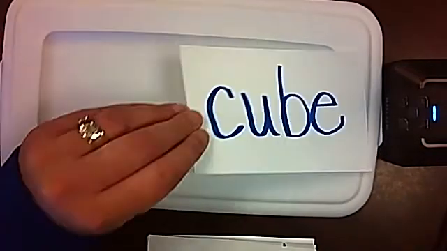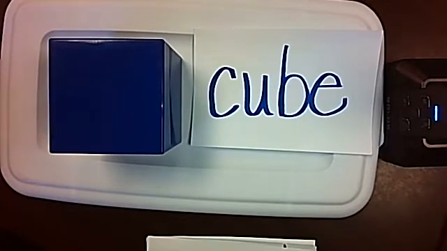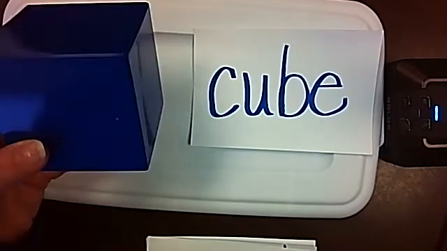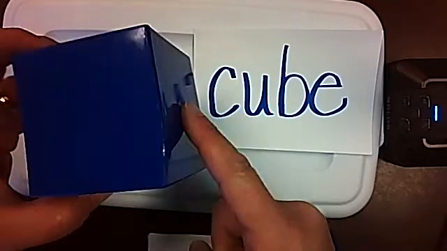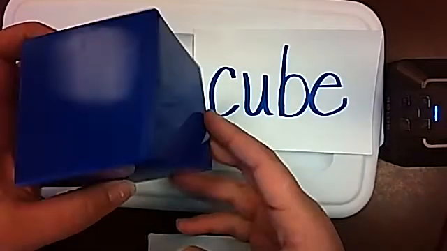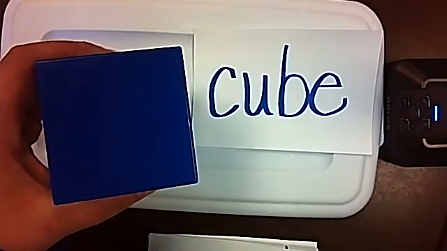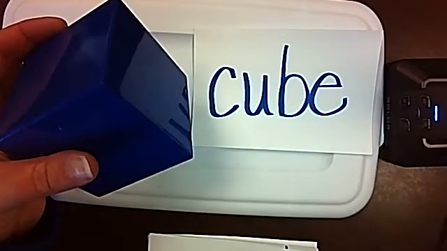Okay, the first one that we're going to talk about is a cube. A cube is a very special geometric solid. It has faces that are all squares. Every face or side of a cube is a square. And it has 1, 2, 3, 4, 5, 6 faces.